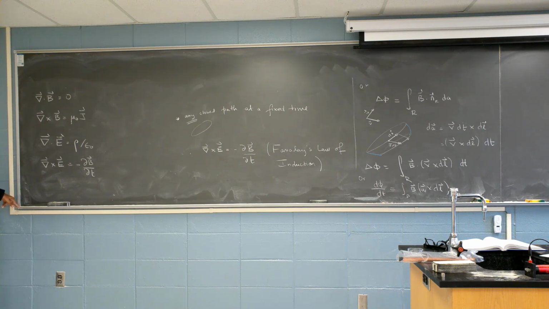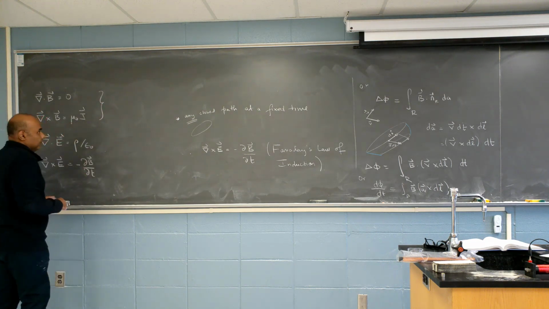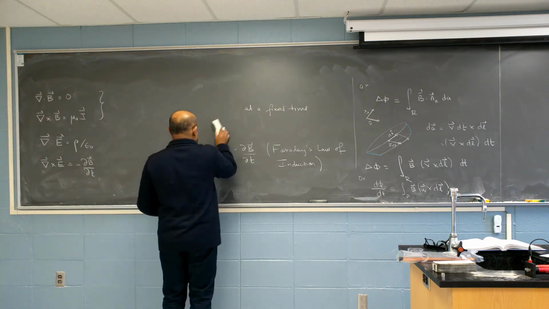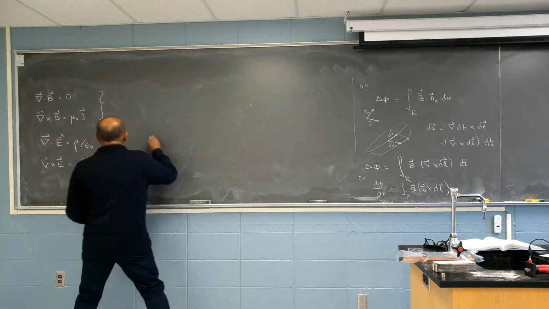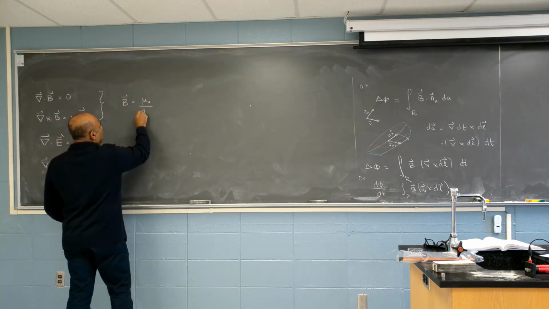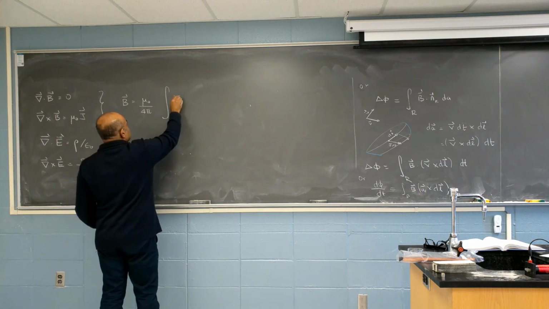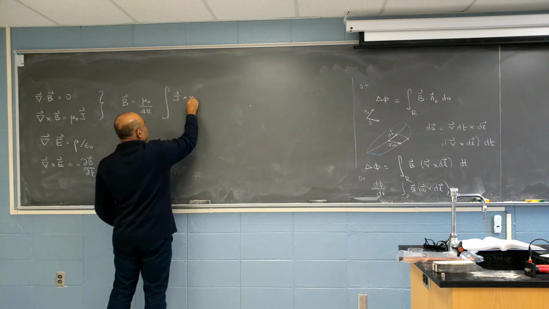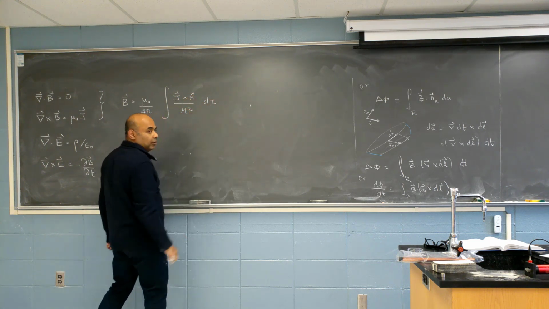There is an easy way to find E under certain conditions. So over here, we know Biot-Savart's law: B equals mu 0 over 4 pi integral of J cross r hat over r squared d tau.